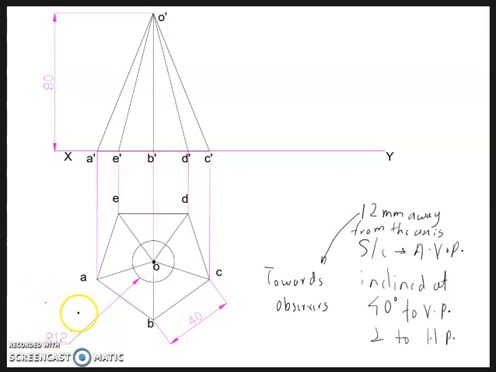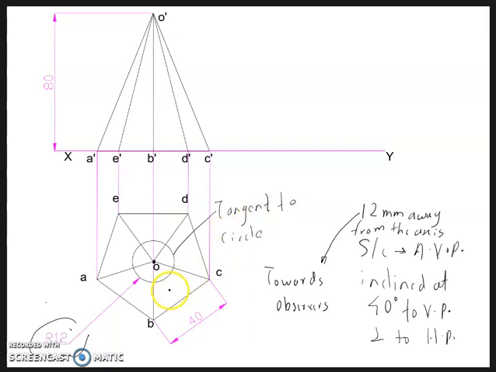Okay, so draw a circle of radius 12 mm. And now you have to draw the section plane such that it is tangent to this circle. Tangent to circle.